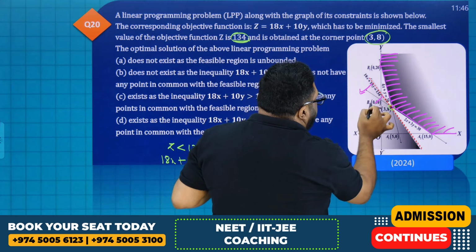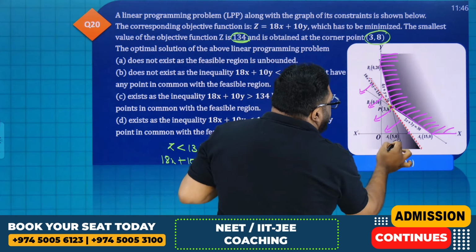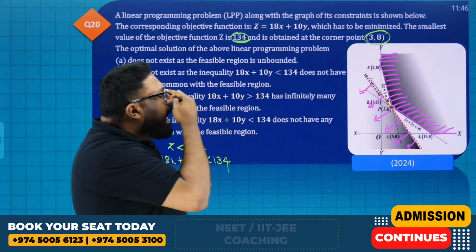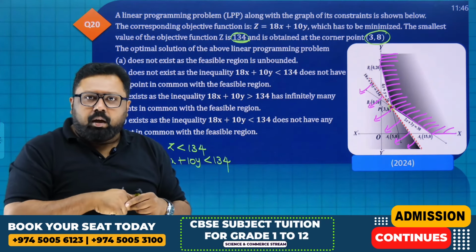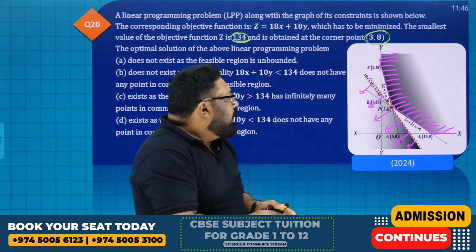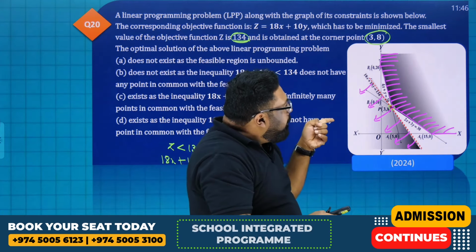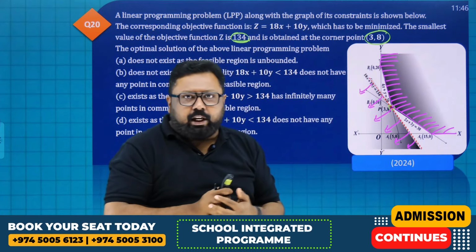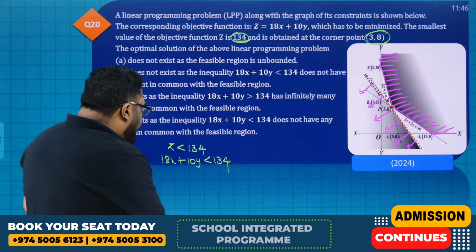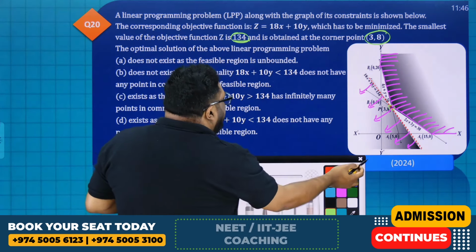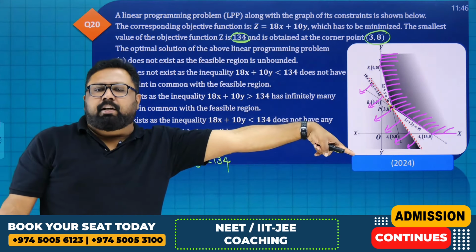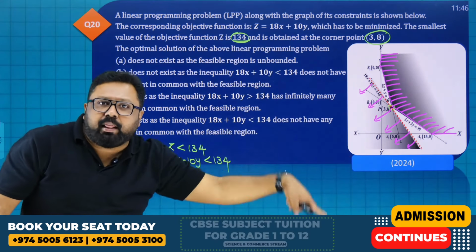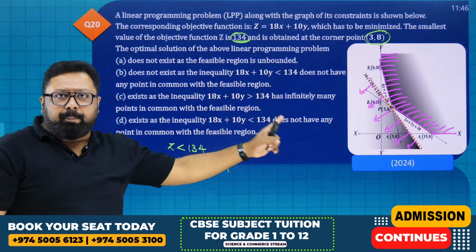Do you see it? They have shaded it for us. So you can see that these two are not overlapping. In simple words, this dotted line does not pass through the feasible region. If it does not pass through the feasible region, we can always confirm that Z equal to 134 will be the optimal solution for this LPP.